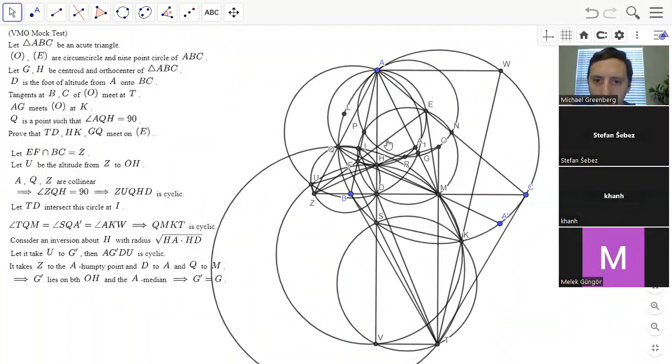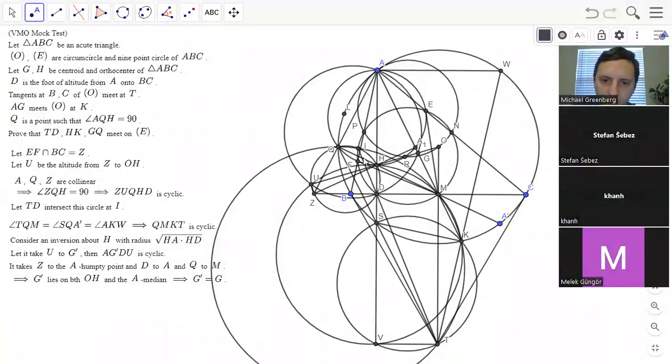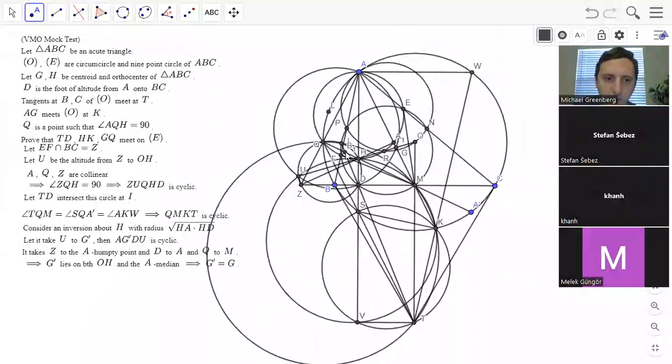So we need to prove the concurrency point lies on EF, right? Yeah, but it would be enough to show that Q, let's say B1, H and M are harmonic. Yeah, Q, B1, H and M are a harmonic bundle, but that is actually very easy.